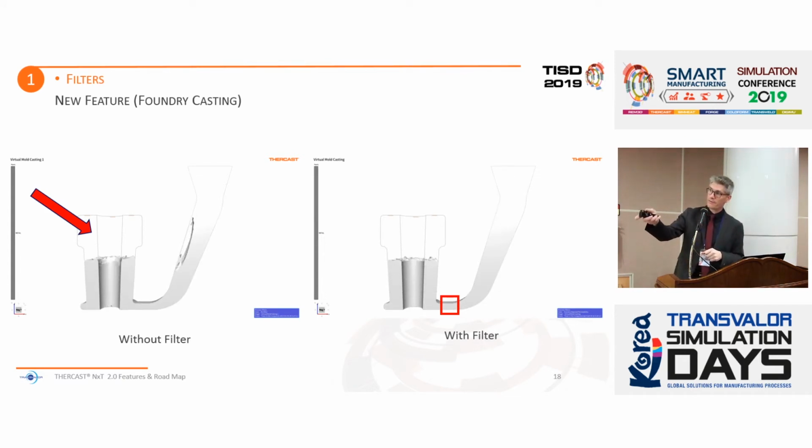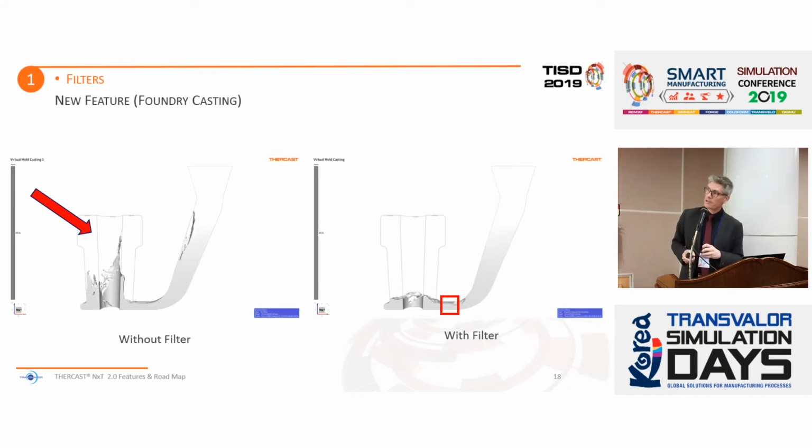So on the left side there is no filter, and the fluid flow is quite turbulent. That's not really good for the quality of the final part, because you have the potential risk to entrap air, bubbles and particles, which degrade the quality of the part.